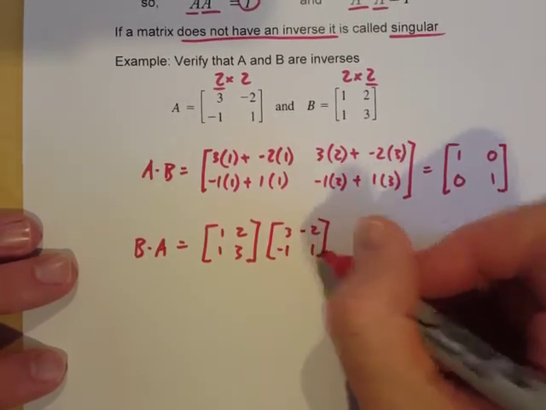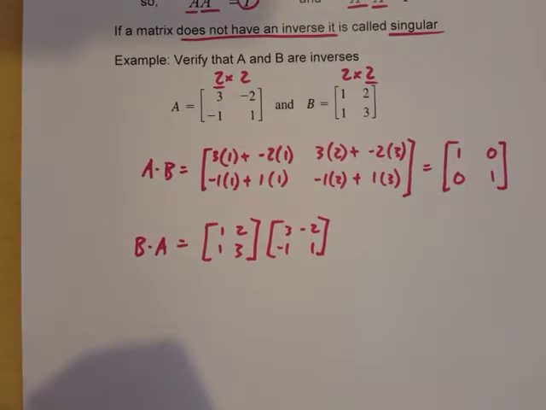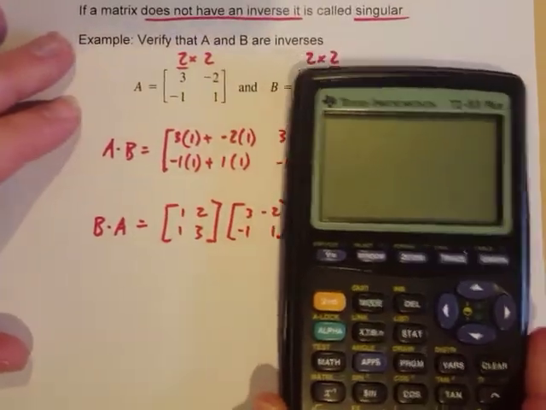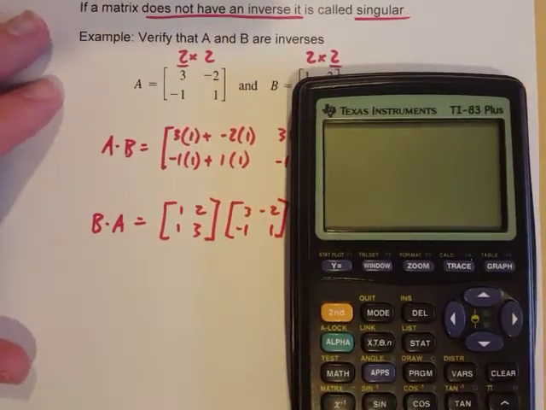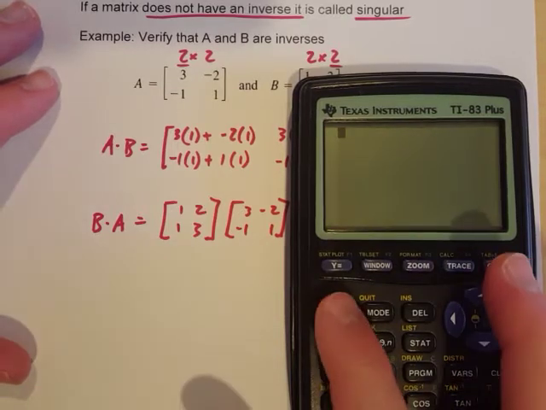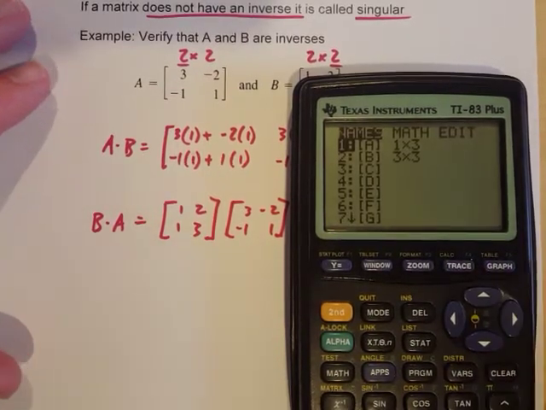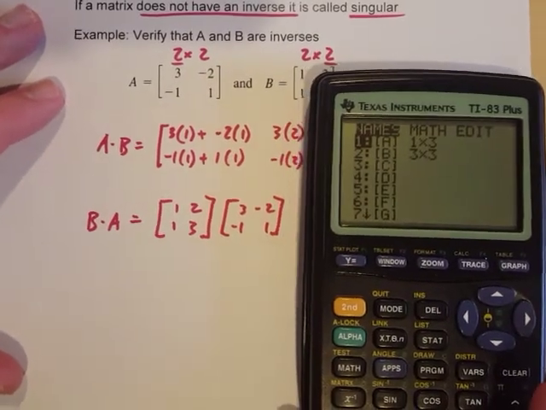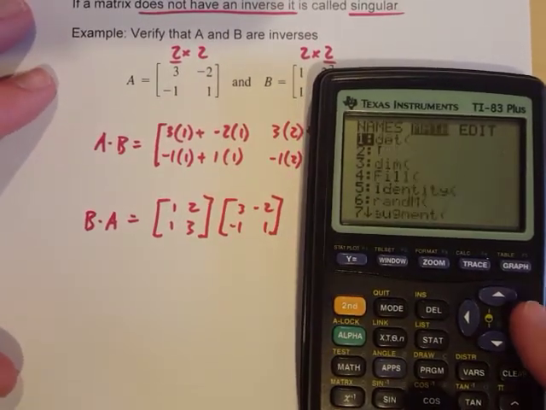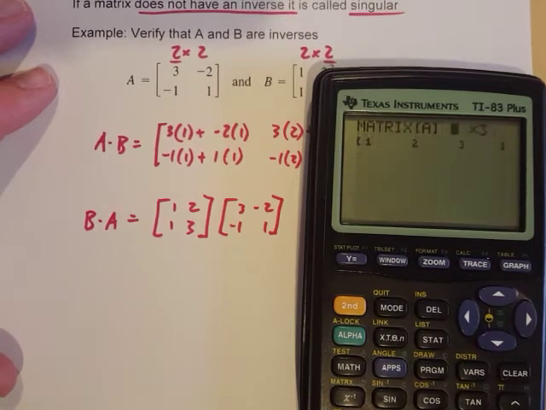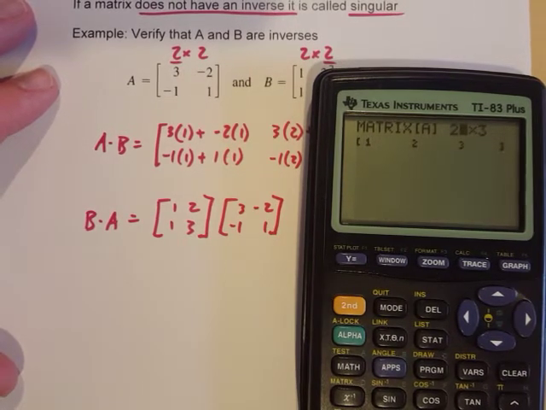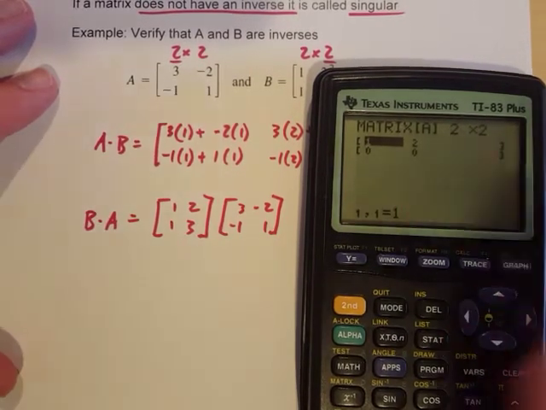Now, I still want you to write out in your assignments the details for matrix multiplication, but this is a way that you can check to see what you're doing. So on the calculator, we're going to go to second matrix. And you'll notice I have some stuff in there already. I'm just going to change it, and I'm going to go over to edit, make a 2 by 2 first of all. We have to change the size.